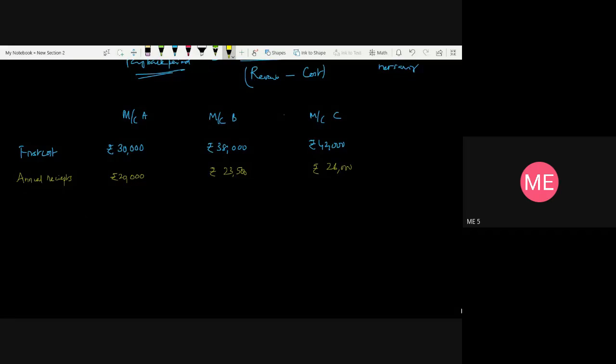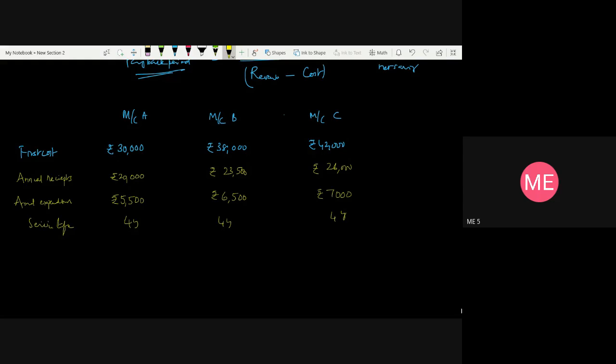The annual expenditure on these three alternatives is rupees 5,500, then rupees 6,500, and rupees 7,000. And the economic or service life of the machines is taken as 4 years for all three alternatives.